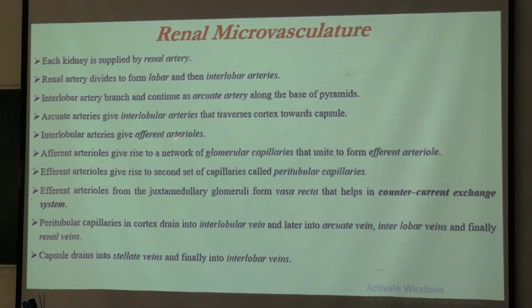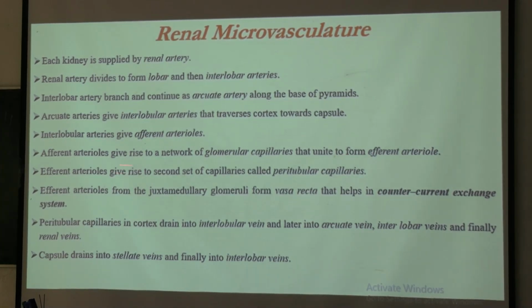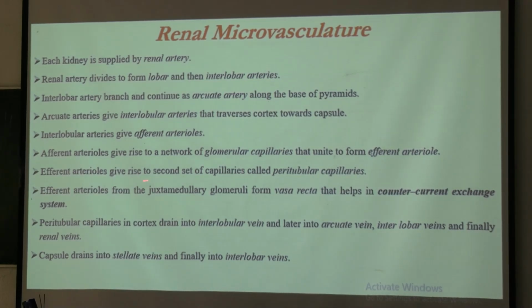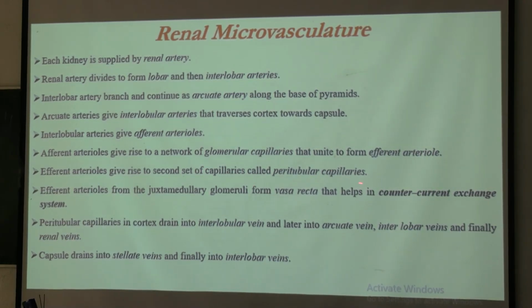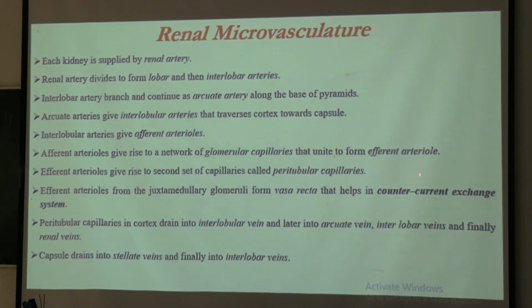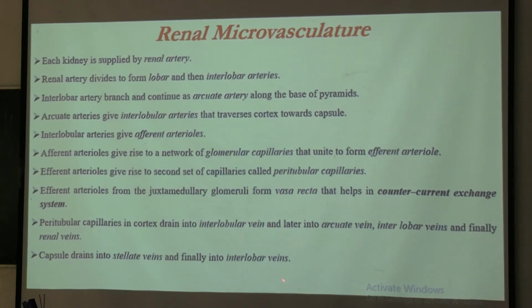Interlobular arteries give afferent arterioles. Afferent arterioles give rise to a network of glomerular capillaries that unite to form the efferent arteriole. The efferent arteriole gives rise to a second set of capillaries known as peritubular capillaries. Efferent arterioles from the juxtamedullary glomeruli form the vasa recta, which help in the countercurrent exchange system.